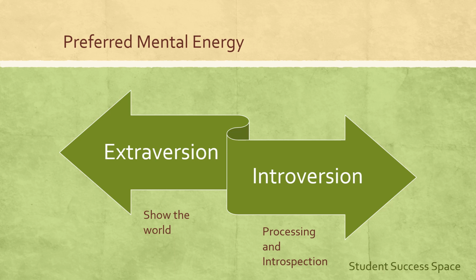What you extrovert is the aspect of yourself that you're typically going to show the world. And what you introvert is the aspect of yourself that guides that inner processing, your experiences, and your reflections. The combination of your expression of extroversion and introversion is what gives you your consistent personality, or your type.